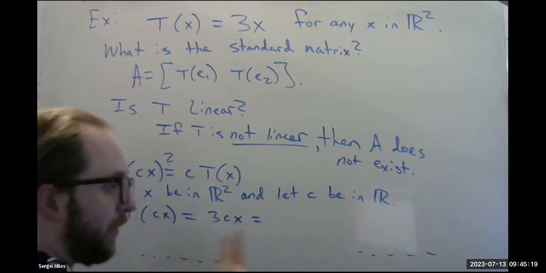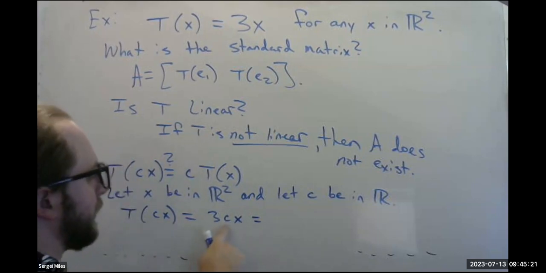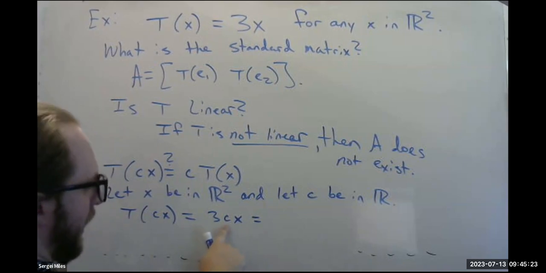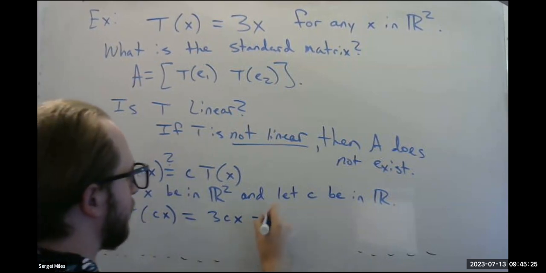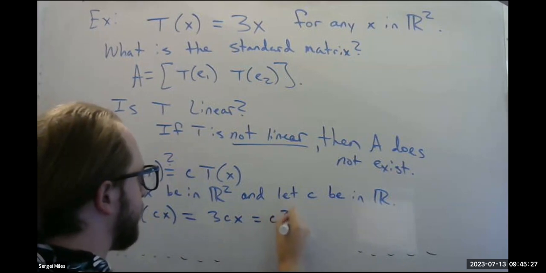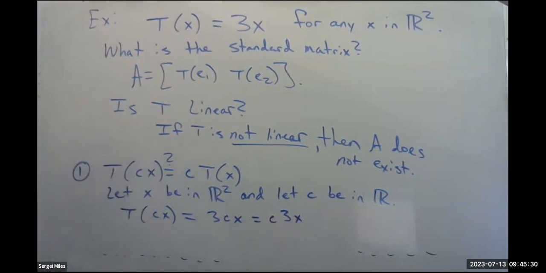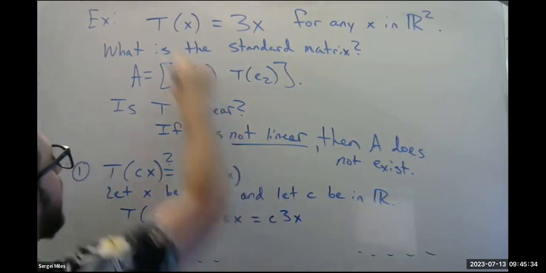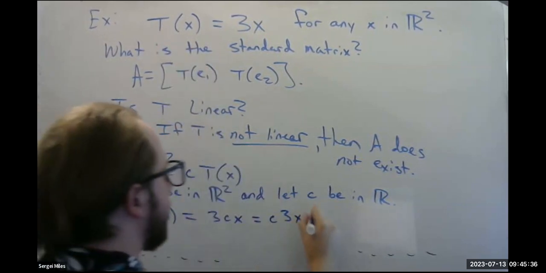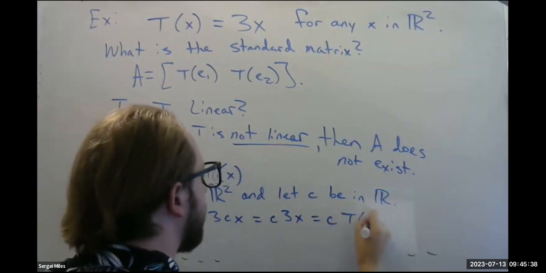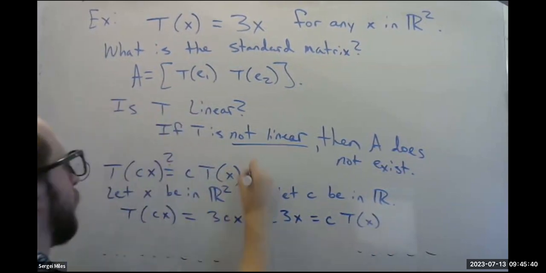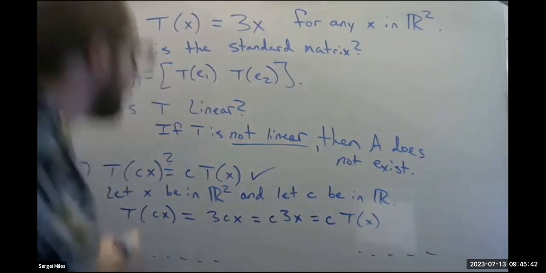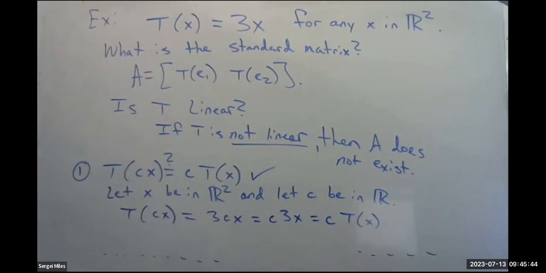And we know when you're multiplying real numbers, 3 times C is the same thing as C times 3, right? So I can flip the order, and that's fine. It didn't change anything. But now what happens? Well, 3 times x is just T of x. I have C on the outside, and lo and behold, I have exactly what I want, right? So does it pass this first check for linearity? Can I pull out constants? Yes, I can pull out any arbitrary constant.